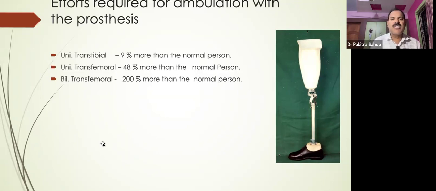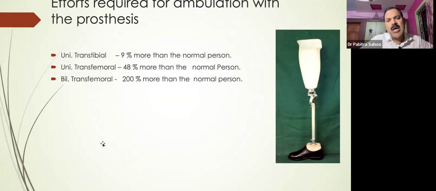But if you look at the transfemoral prosthesis, in the case of a unilateral transfemoral prosthesis, even with your best effort, the patient still consumes 48% more energy in comparison to a normal person, and that increases to 200% when the patient uses a bilateral transfemoral prosthesis. So if the prosthesis is not properly fitted, just imagine how much extra energy will be consumed by the patient, and probably the patient will not walk for a long period.